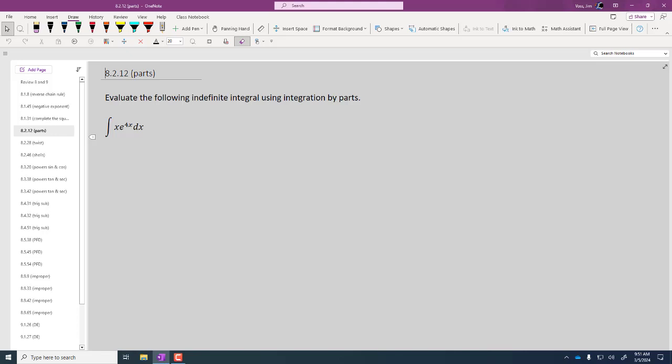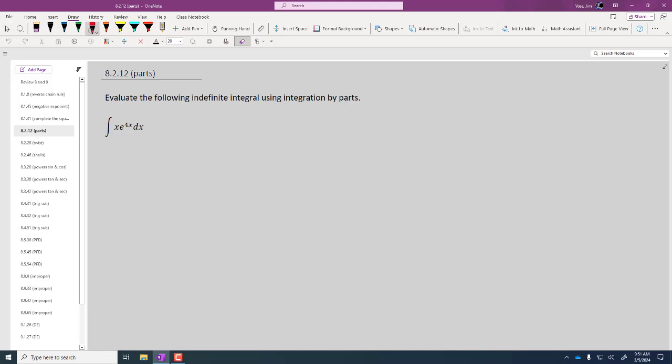Now, we've seen also that it applies to some really interesting integrands like inverse tangent, natural log of x. But at its heart, we think of integration by parts as a reverse product rule. The product rule allows you to differentiate a product. The reverse product rule allows you to integrate a product. And so integration by parts is a reverse product rule.